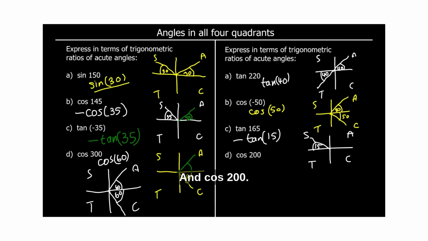And cos 200. So 200 is 20 away from 180. Cos is negative. So it's the negative version of cos 20 degrees.